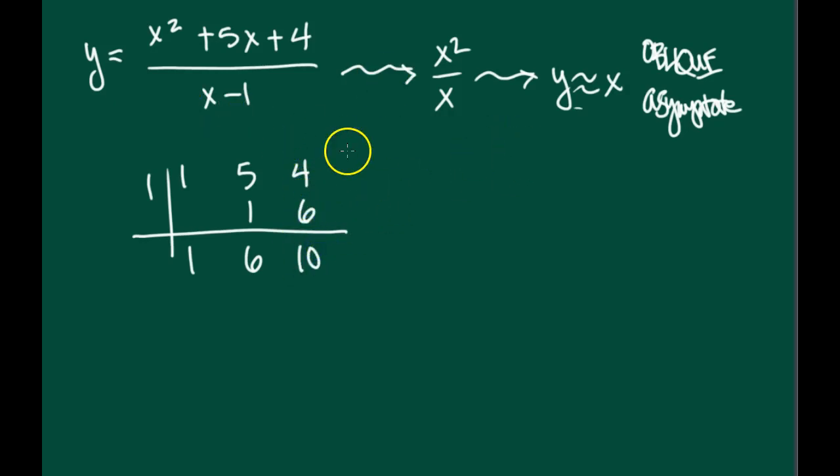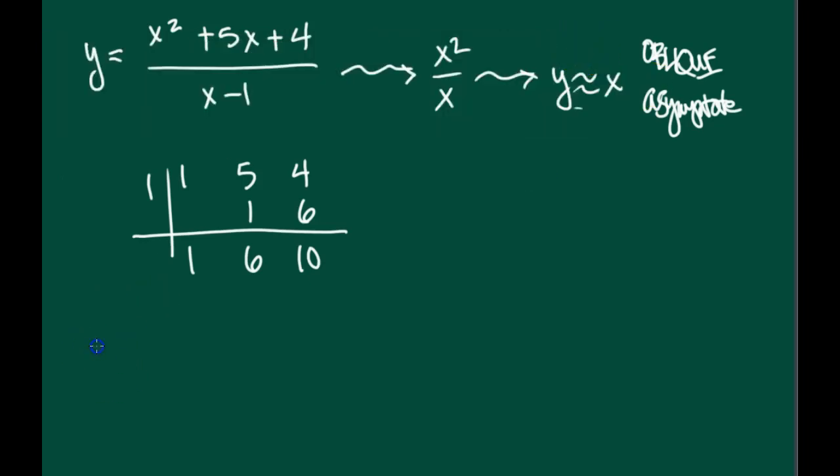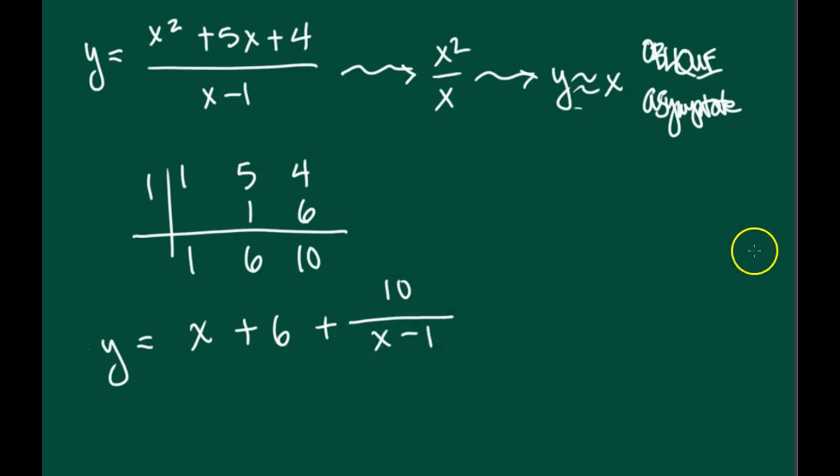Okay, and so the synthetic division tells us that if we do the division, we would get y equals x plus 6 plus 10 over x minus 1. That's what this quotient actually is.